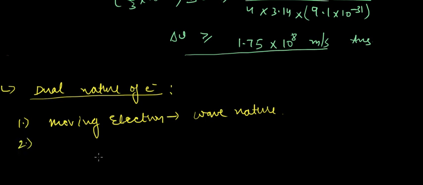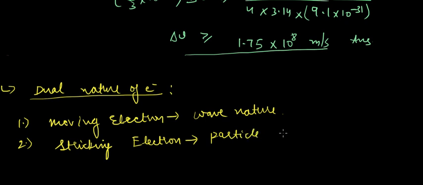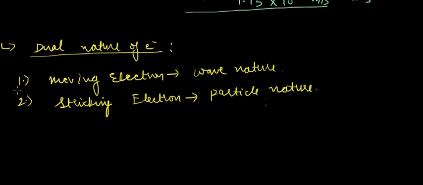And secondly, a striking electron, during striking or hitting something, would have a particle nature. Okay, so let's go and see our next concept, which is bond energy or enthalpy.